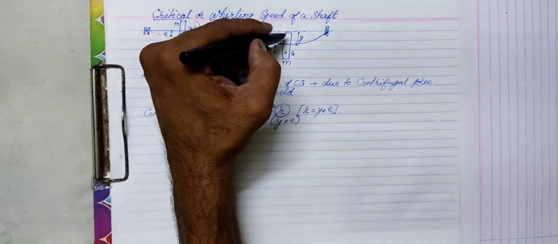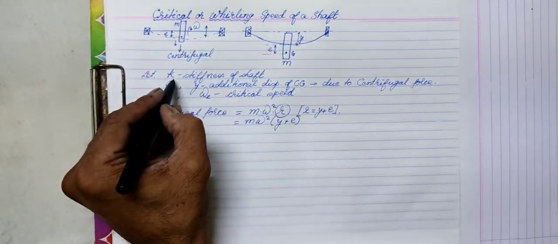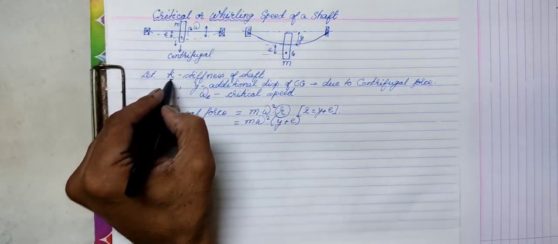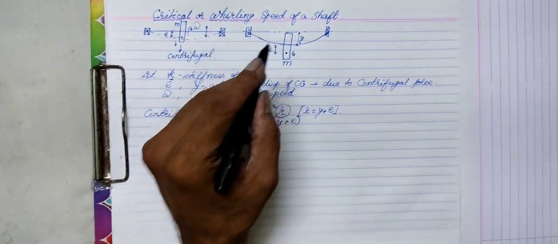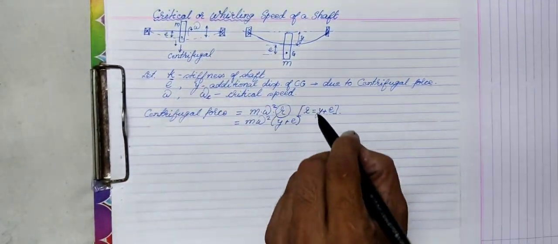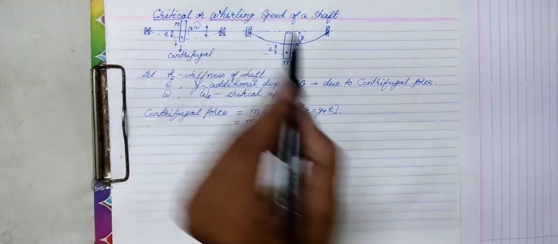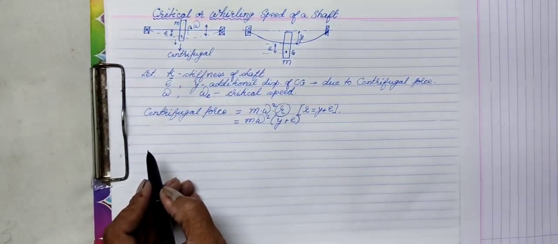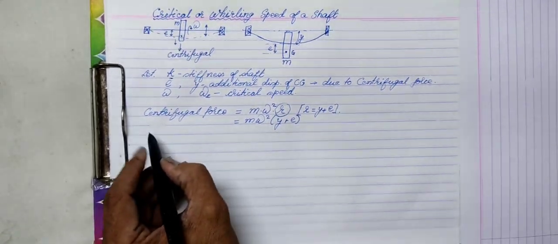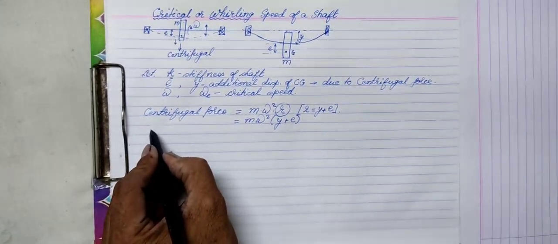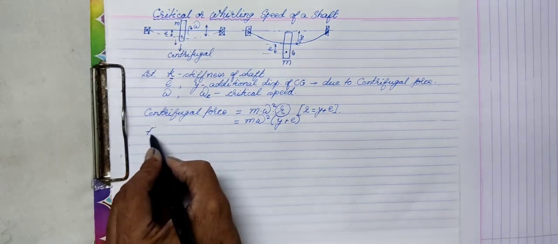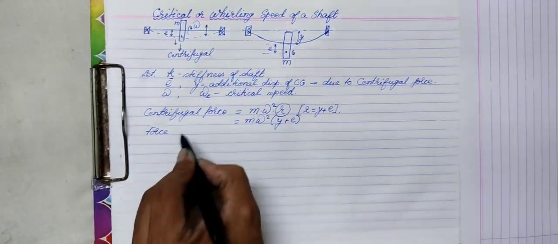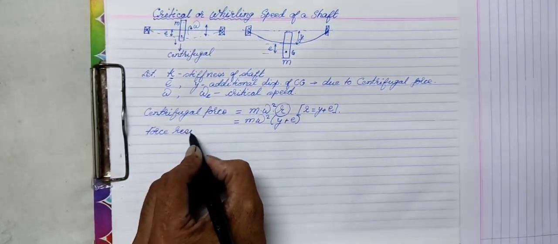Now when this is getting deflected, let us see what the stiffness does. It is going to restore. So there will be a restoration here, right? The restoration will be in the opposite direction. So this is the restoring force, or the force resisting the deflection.